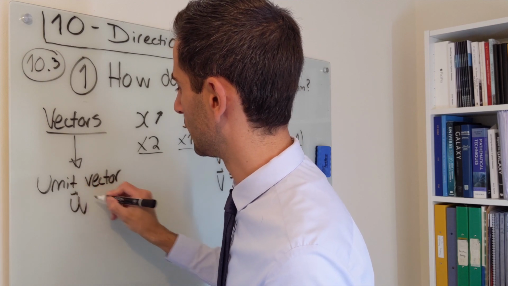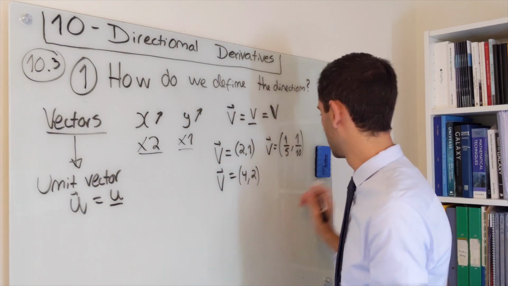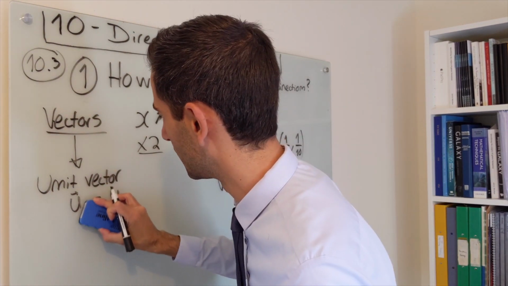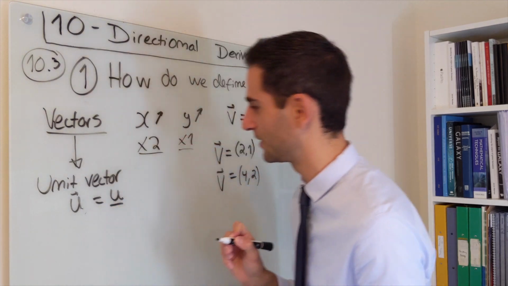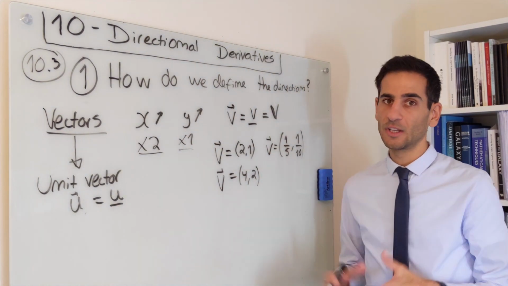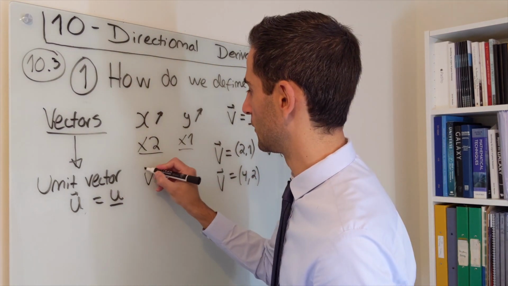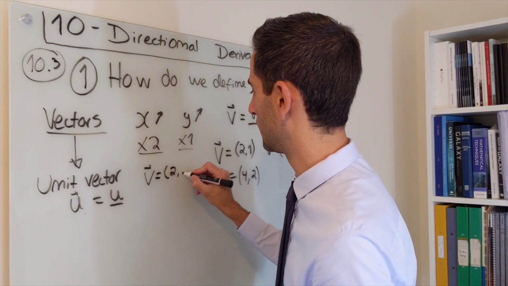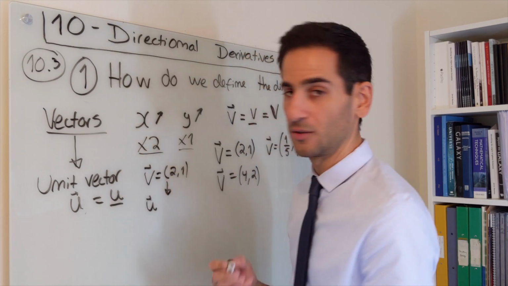which we'll denote as u, or like this. This is my u. And just to make it clearer, I definitely don't write it with that exaggerated end, but it will look like this. If you have a general vector, say a vector with those components 2, 1, how do you convert this into a unit vector?